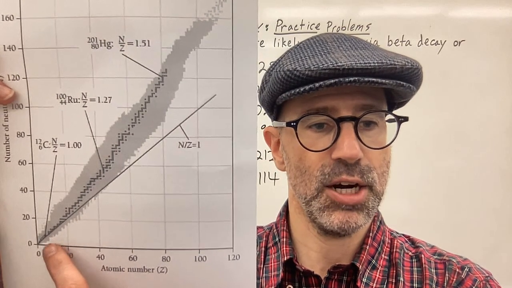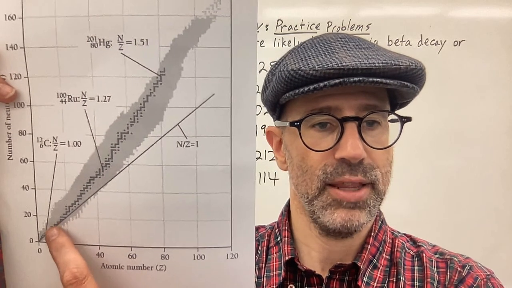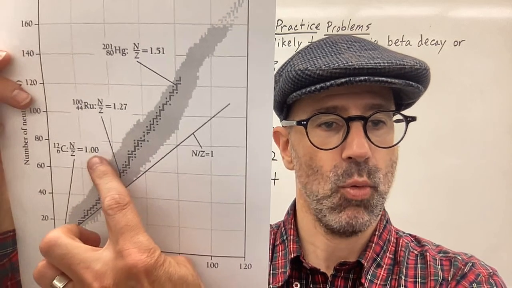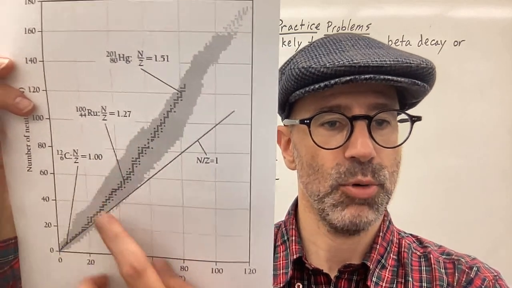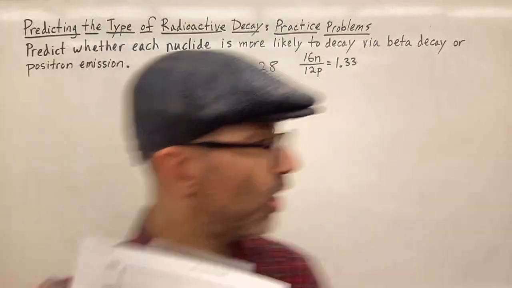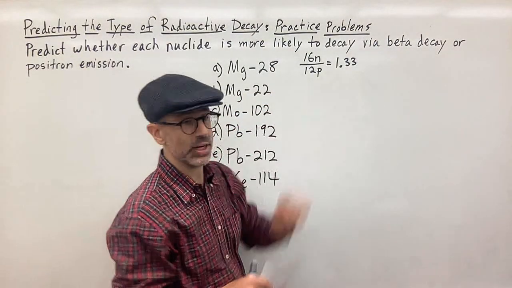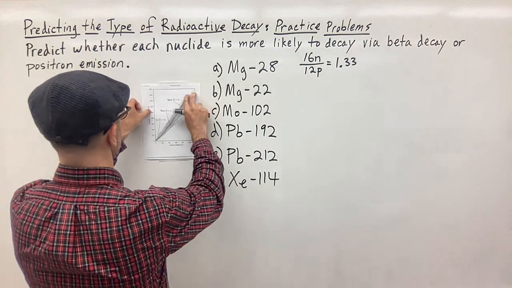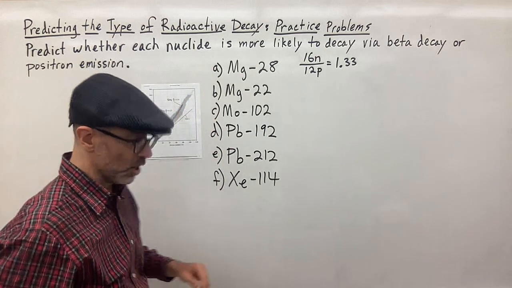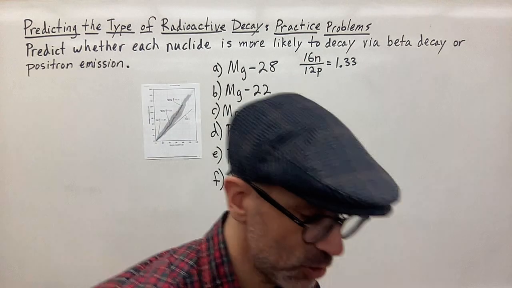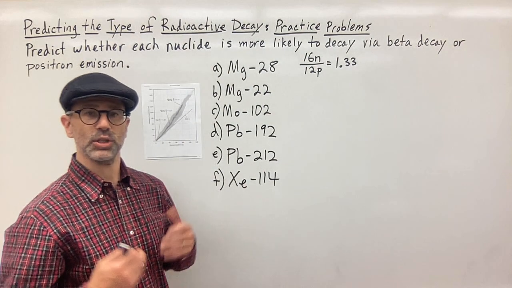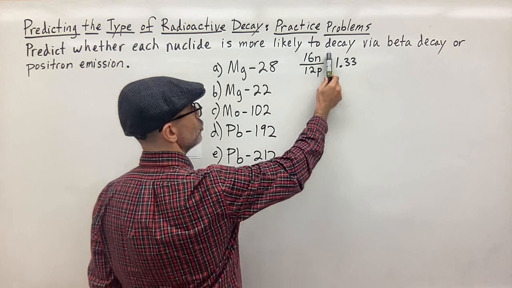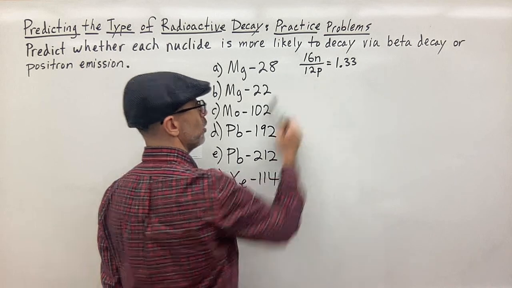You can see that the ratio that is stable for these lighter elements is more like 1, so a 1-to-1 ratio. But we have for our element a 1.33 ratio. So that tells us that the ratio is too big, right? If the ratio is too big, then that means we have too many neutrons and not enough protons.